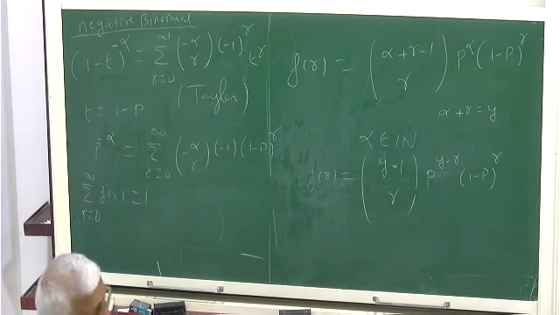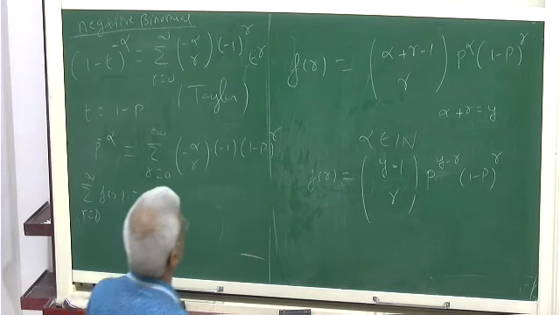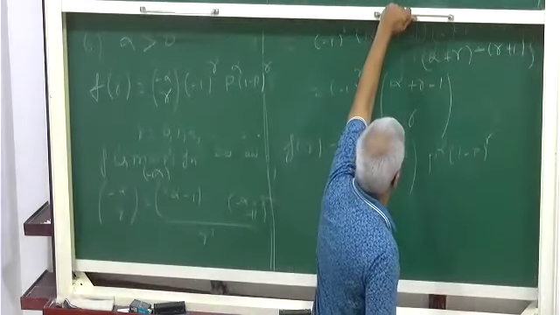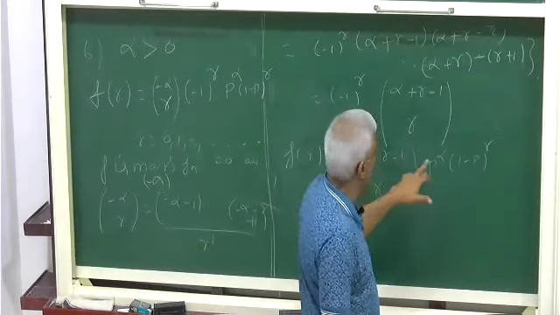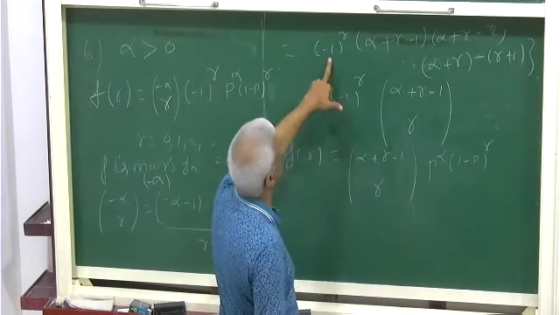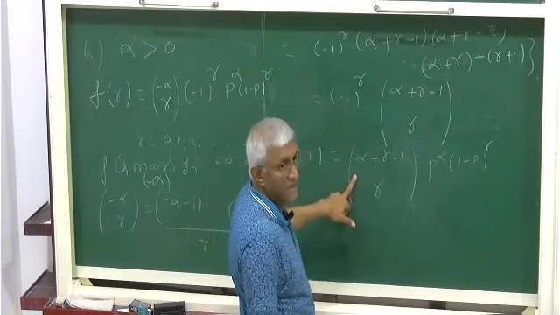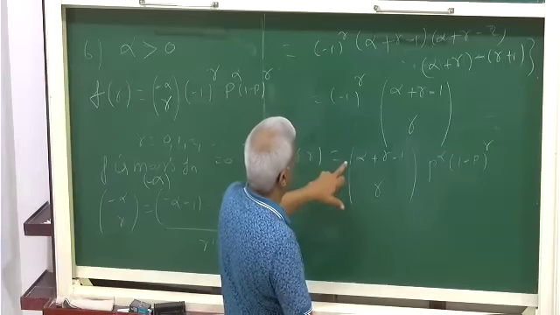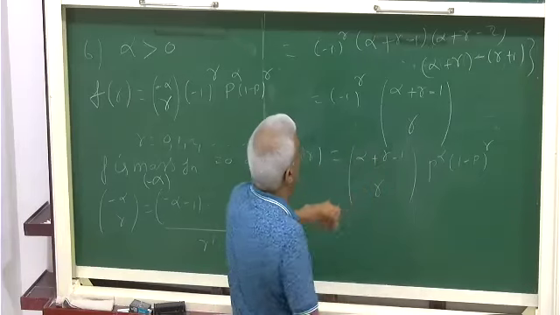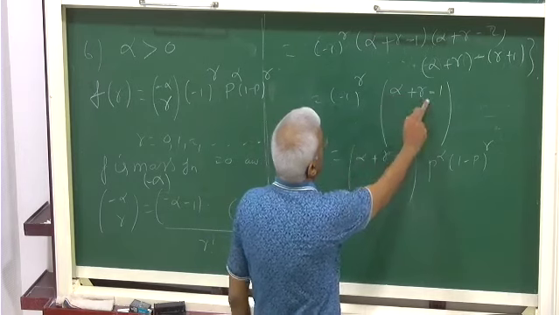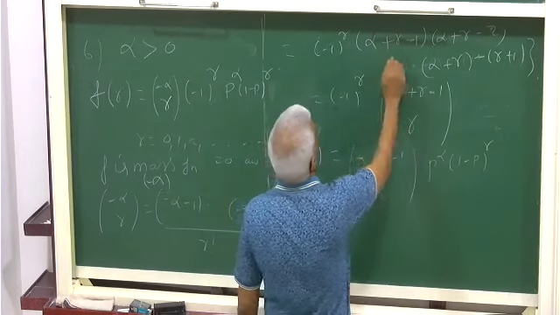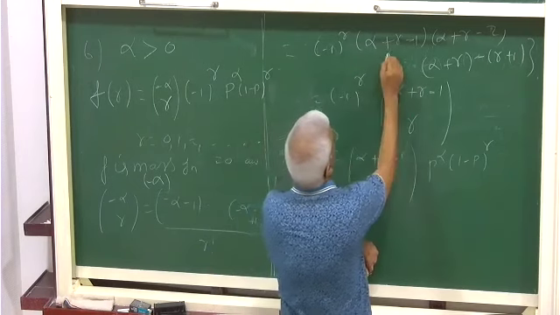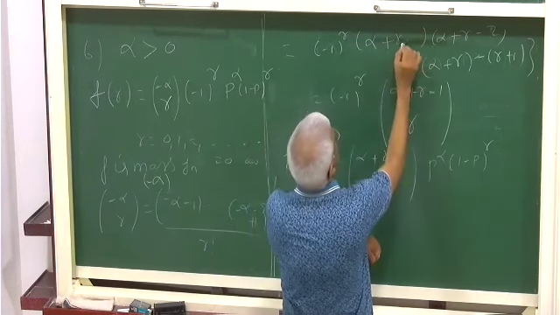Alpha plus r minus, what are you saying? Alpha minus here, first line here. Above alpha plus, above that alpha plus. Yeah, here alpha plus r minus r plus 1.